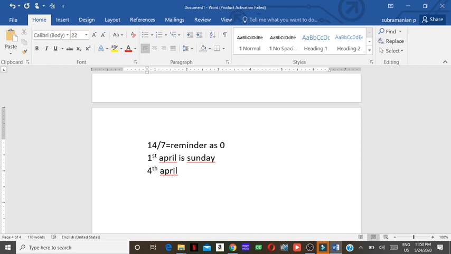We can see one more sum also. It's very easy, a different kind of sum. I write the question here.